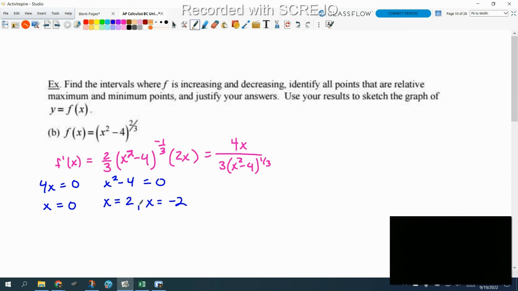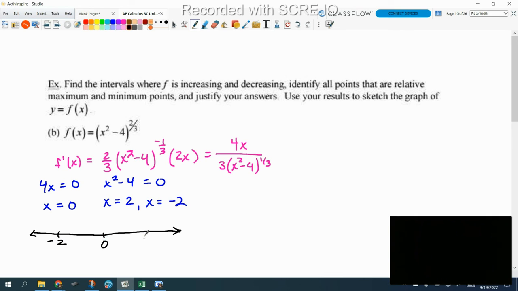Those are critical points as well, because the original function is never undefined. A cube root has all real numbers as its domain, and if you square something, that's all real numbers as well. So the original function's domain is all real numbers, but the derivative's domain excludes these two values. So we have to include those as critical points for this problem. Once you've identified your critical points, you make your number line.